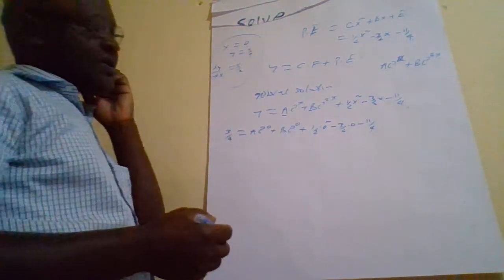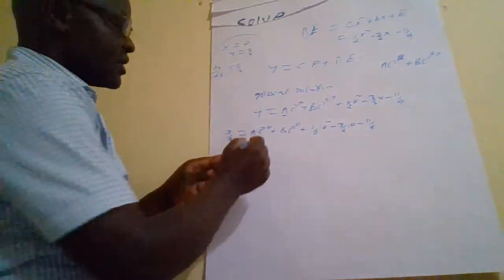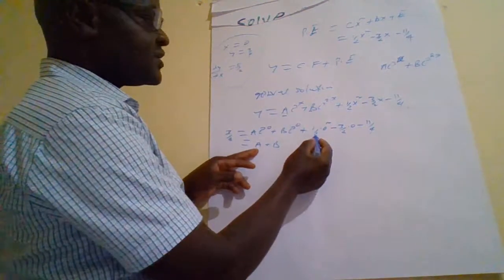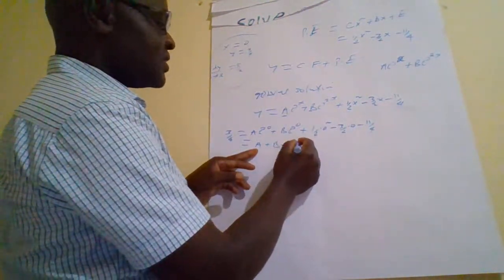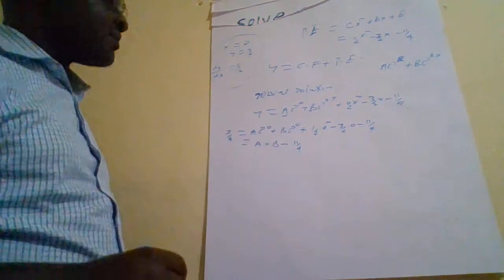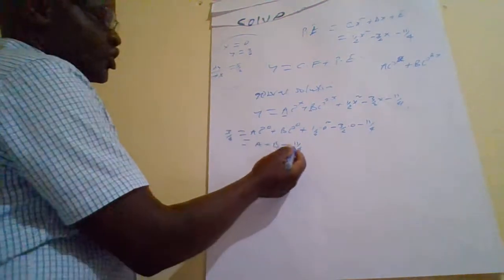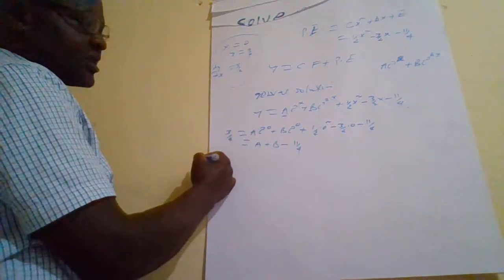So any number raised to 0 is 1. So this equals a plus b. This is 0, this is 0, then minus 11/4. So when 11/4 crosses to this side, it becomes positive.